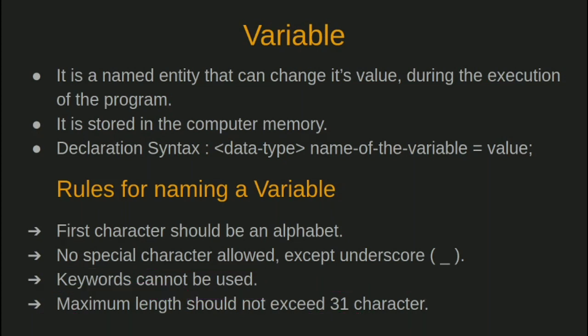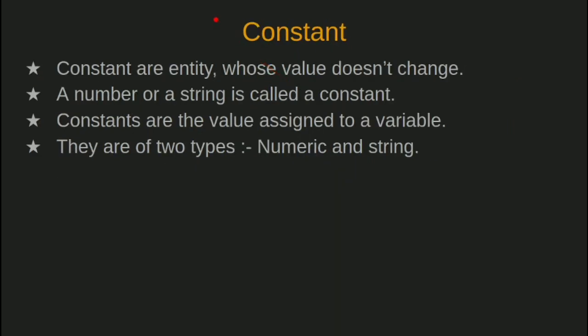Now that we know what a variable is, let us move forward and talk about constants. So what are constants? Constants are also entities, but the catch is that their value does not change.